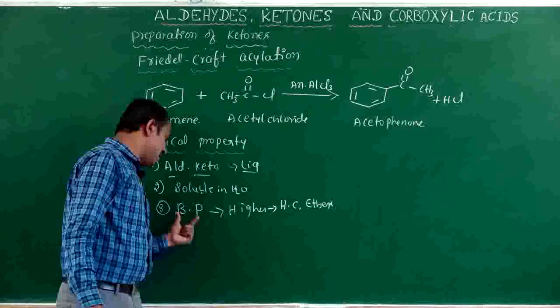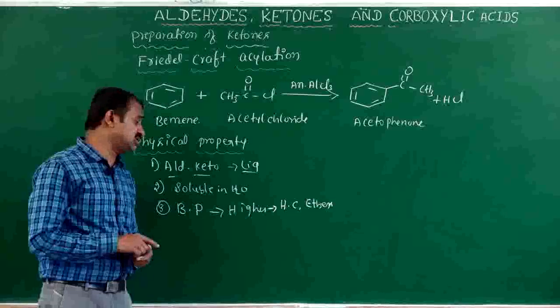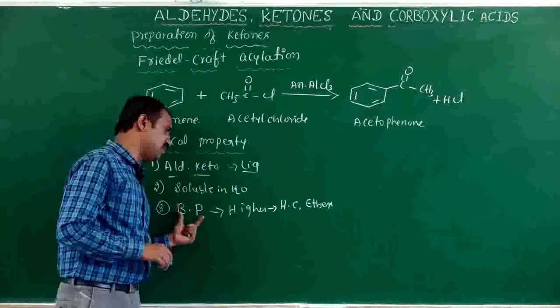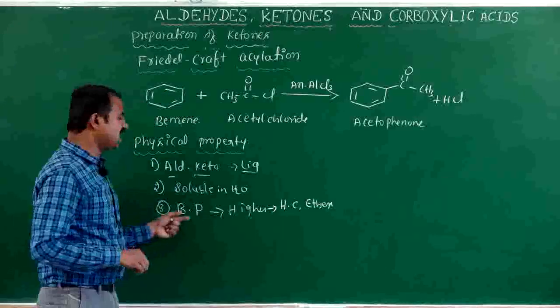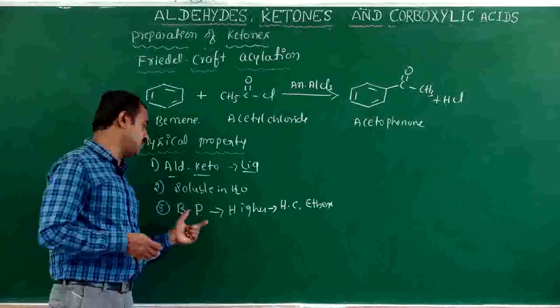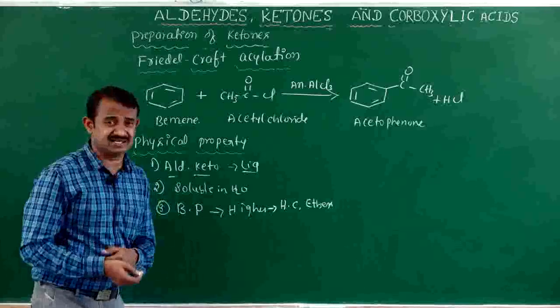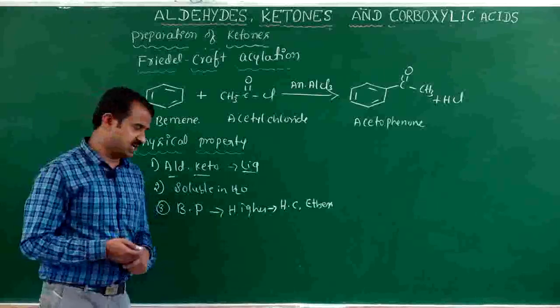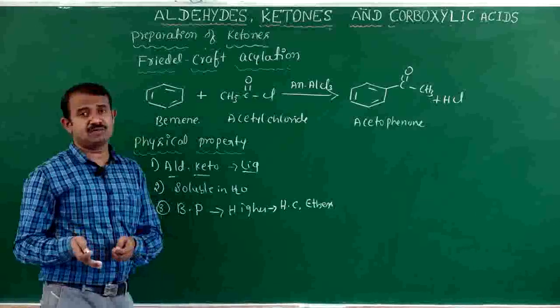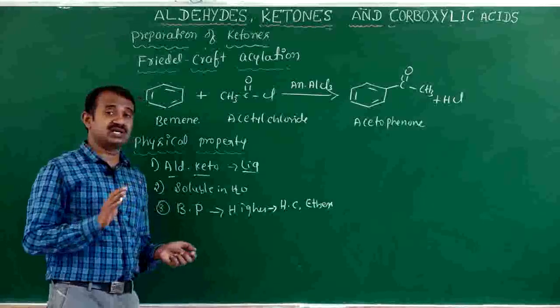Next, it is lesser than alcohols and phenols. If the carbon increases, the molecular mass increases, and the boiling point and melting point also increase in order. Compared to the hydrocarbons and ethers, the boiling point is higher.